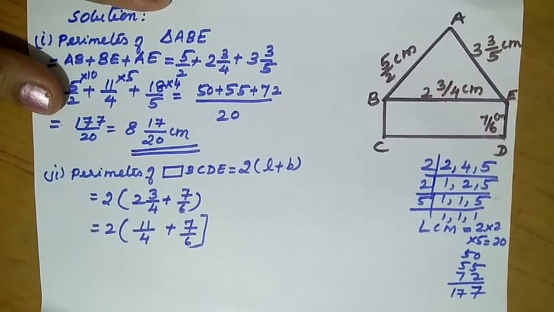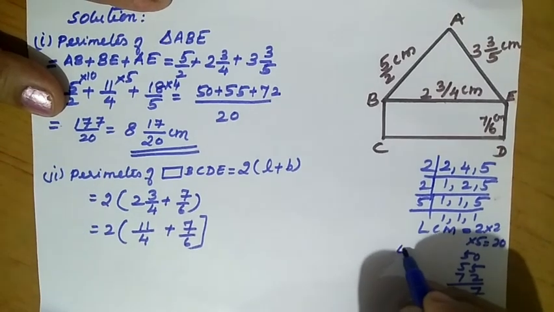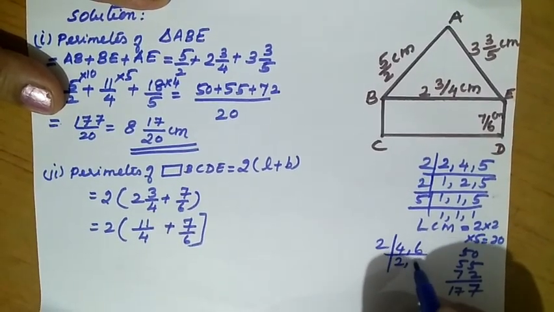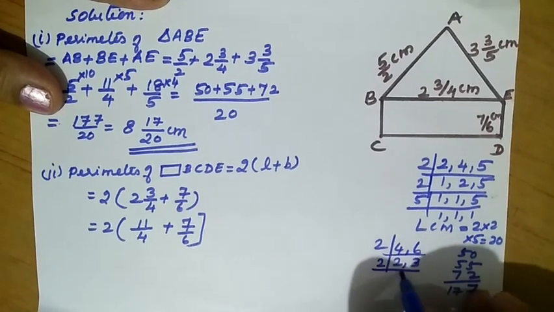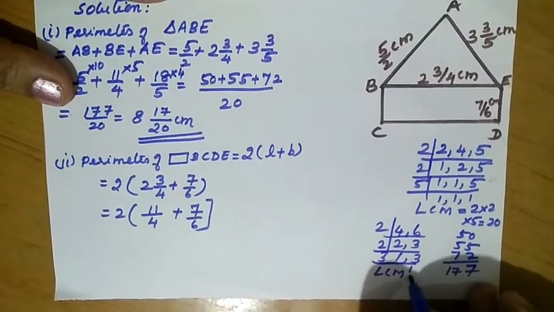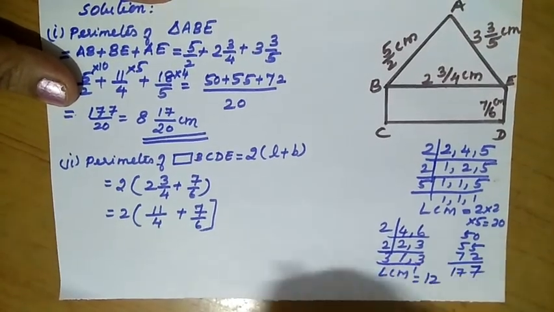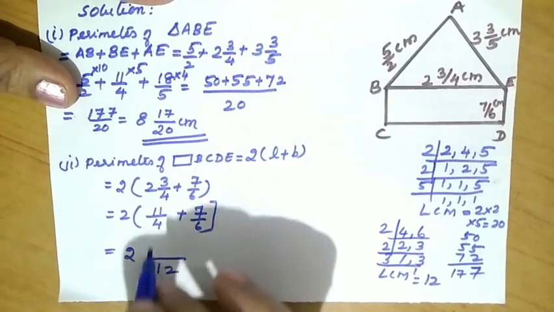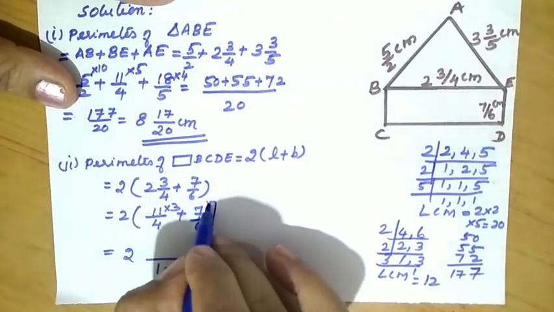So we have to take the LCM of 4 and 6 this time. So LCM equal to 12. So into 3 here, into 2 here.